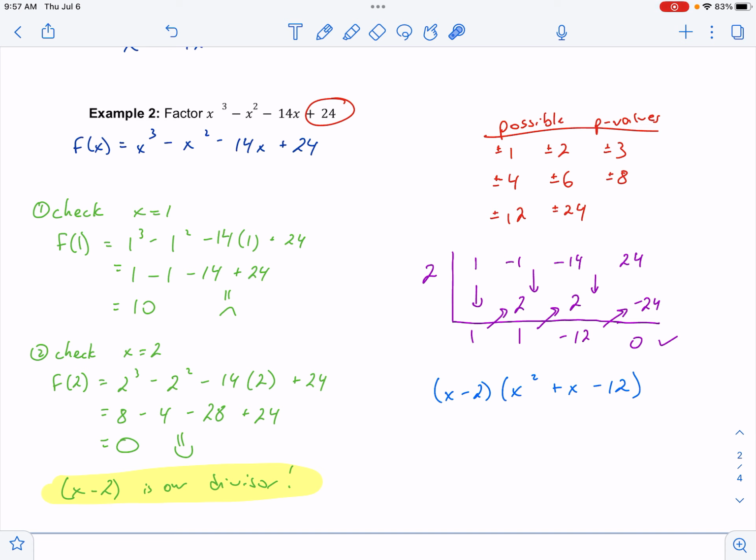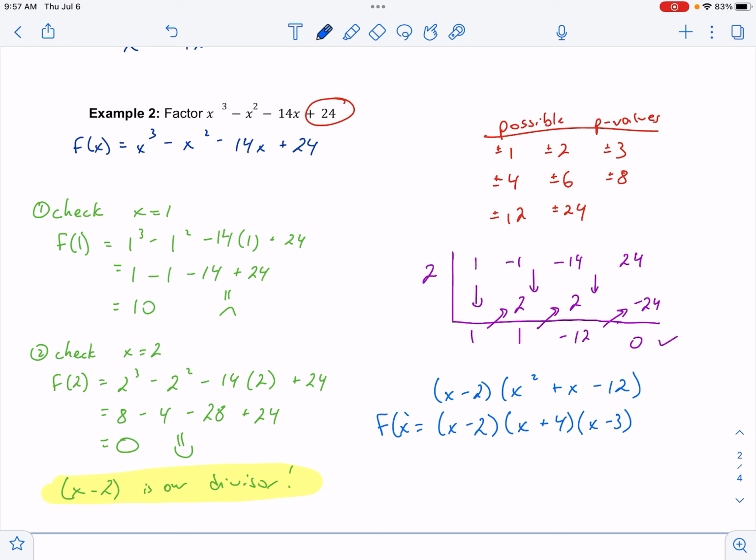The answer is yes, we can. Two numbers that add to 1 and multiply to negative 12 are positive 4 and negative 3. Positive 4 and negative 3 add to 1, and they multiply to negative 12. So I can factor this further to be x plus 4, x minus 3.